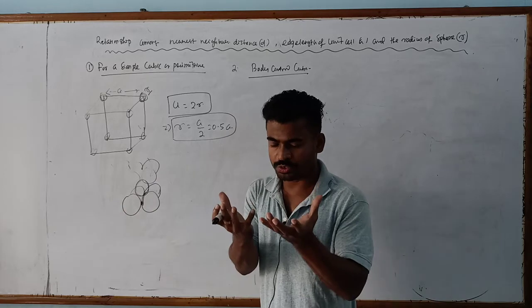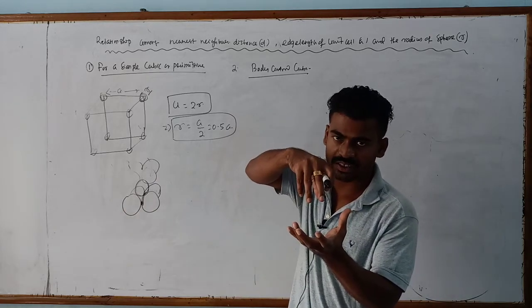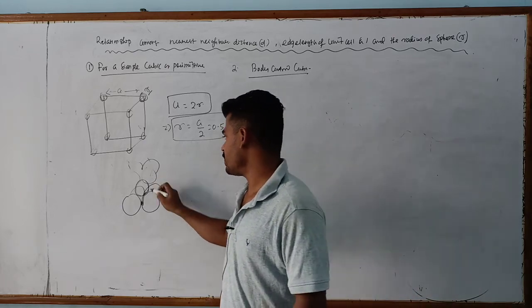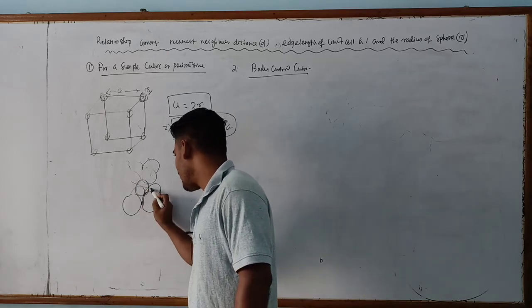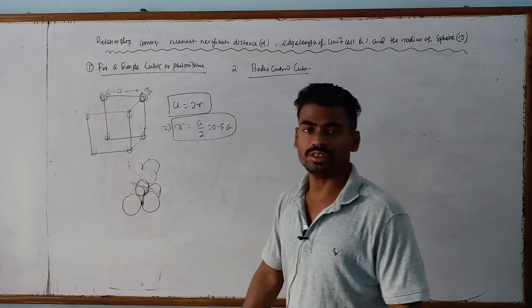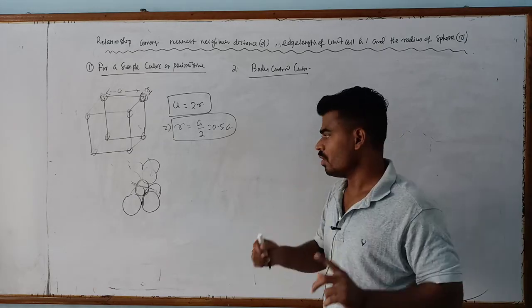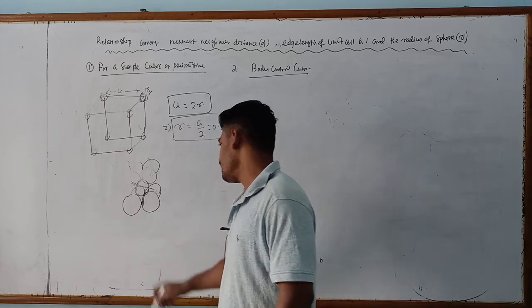There are four spheres, and another sphere you can place at the depression, and next four spheres you have to connect. So definitely these spheres don't connect to each other. Rather, these three spheres are diagonally connected to each other. That means the spheres touch through the diagonal: one at the corner, another the middle one, and another at the back.